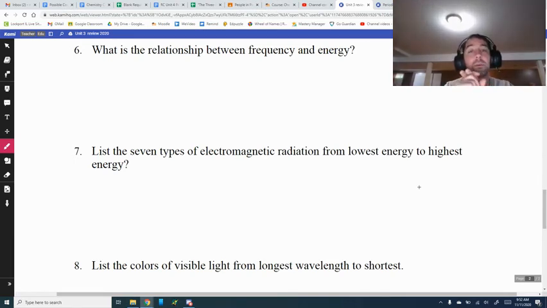Second is microwaves. Third is infrared. Fourth is visible light. Fifth is ultraviolet radiation. Sixth is X-rays. And seventh and highest energy is going to be gamma waves or gamma rays.